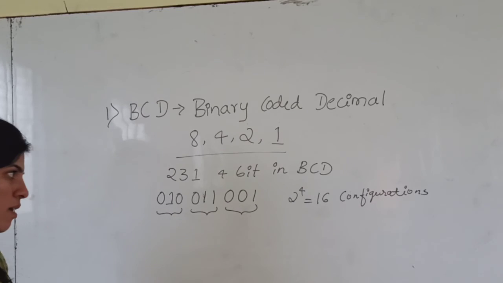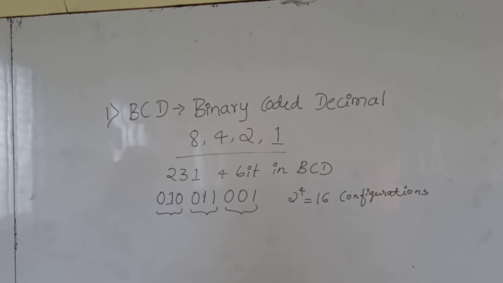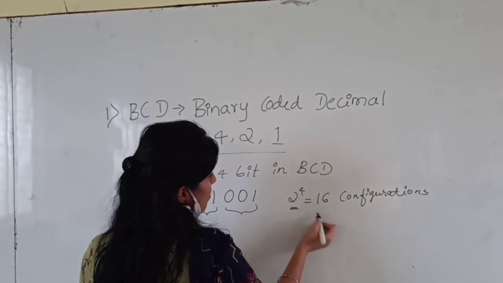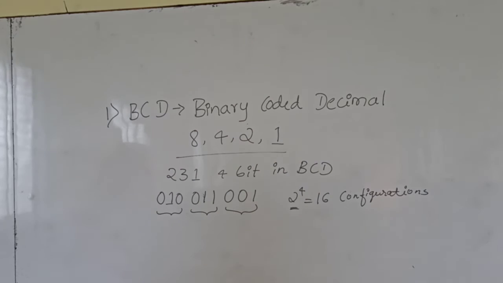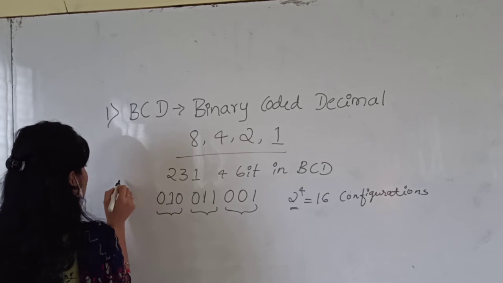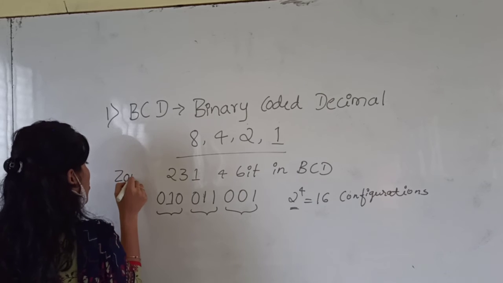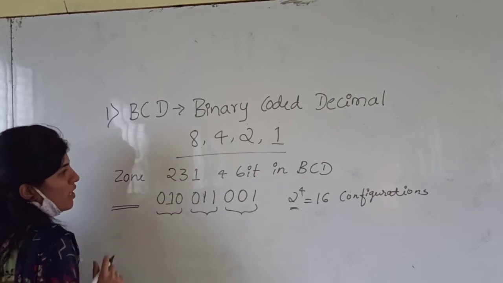In case it is more than 16, we can also use 6-bit BCD codes, means we develop 2 zone positions, which is possible for 2 to the power 6, means 64 characters. It is just for 4-bit characters that 16 configurations will be there. If it is more than 4-bit, you can add 2 zone bits, means you can create a zone for extra 2-bit codes.